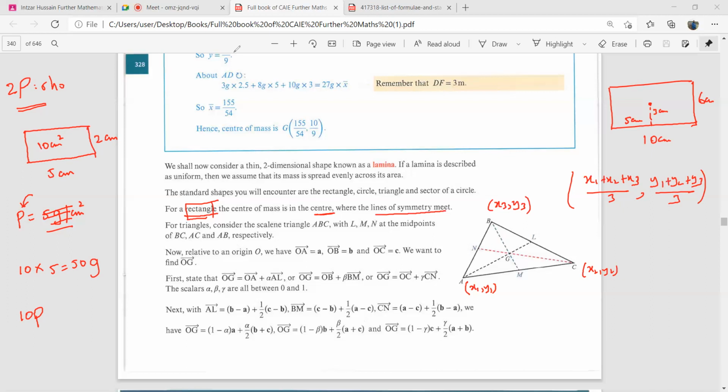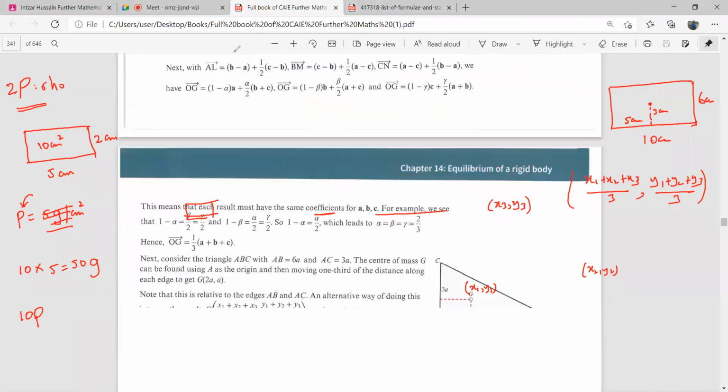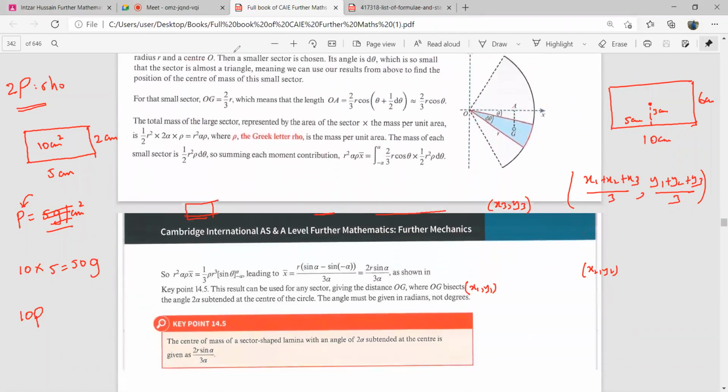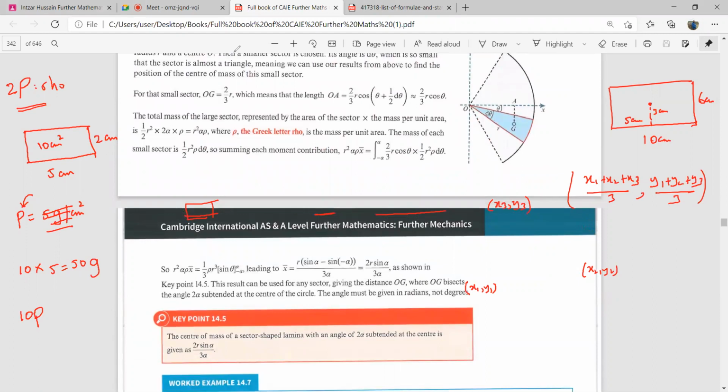Then we come across a lamina which is in the shape of a sector. For that, you just need to remember that the center of mass of a sector is going to be this much from the center.